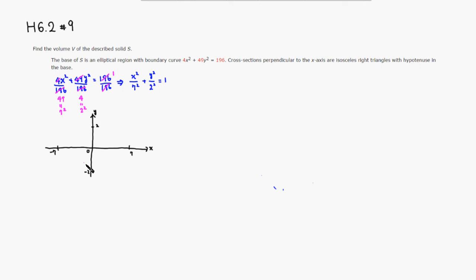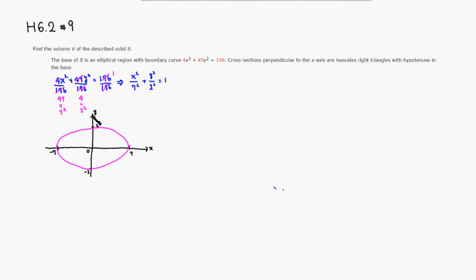So here's the ellipse. Alright, so we have that.